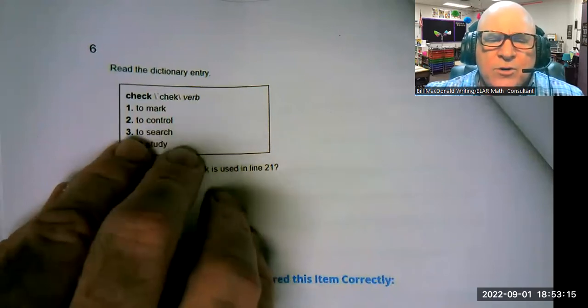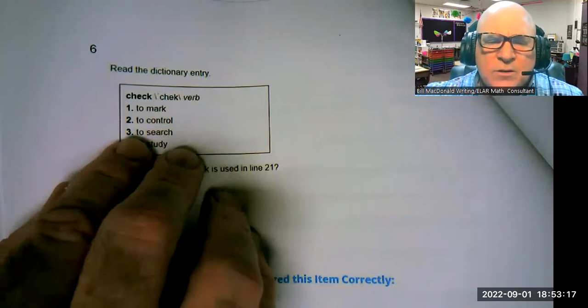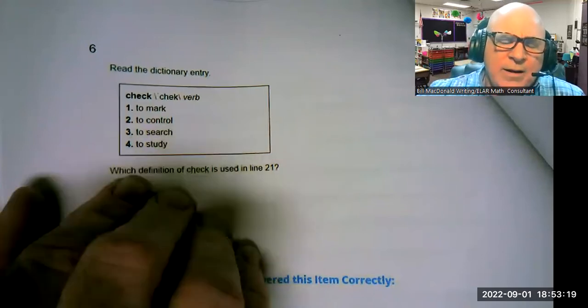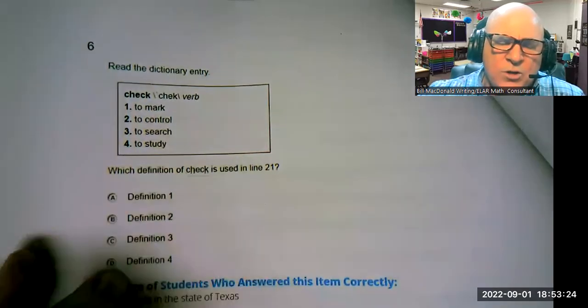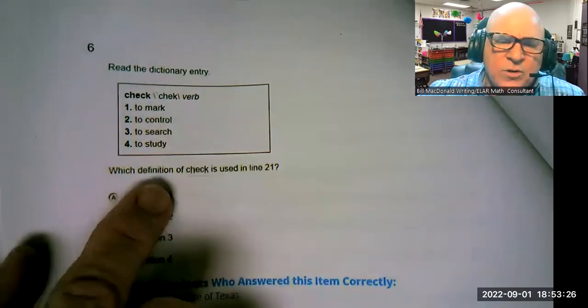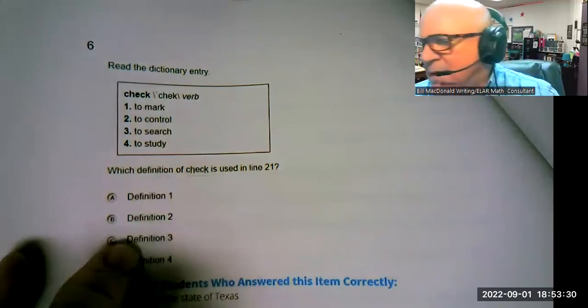So make sure they understand what the question is, because I'm worried that because they're very specific with their questions' wording, your students need to be specific in the answer. Definition 3 would be the answer there.